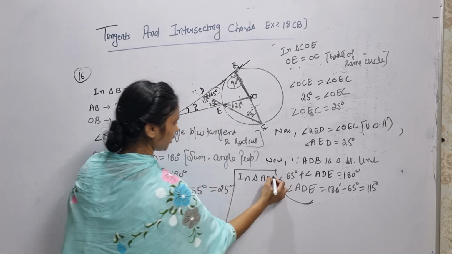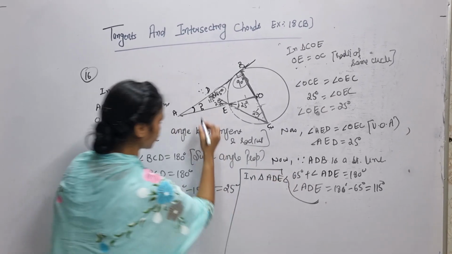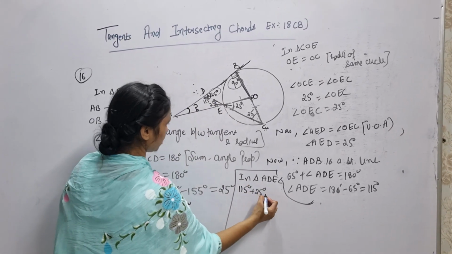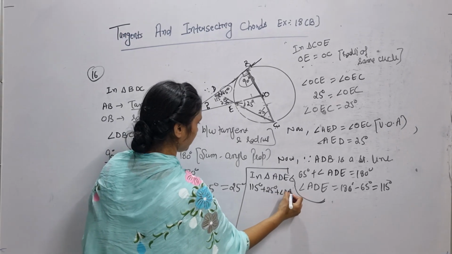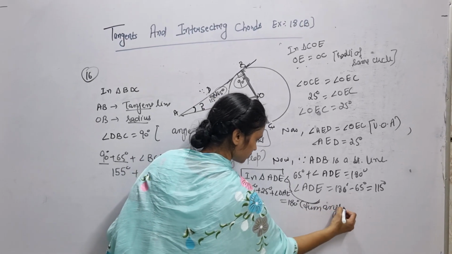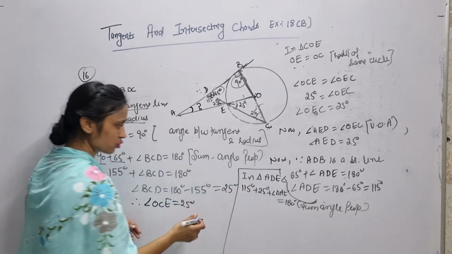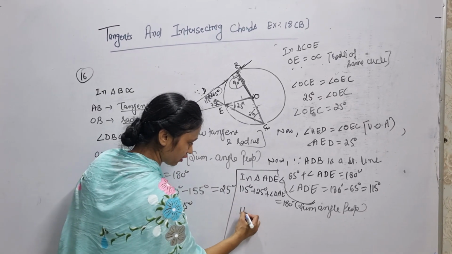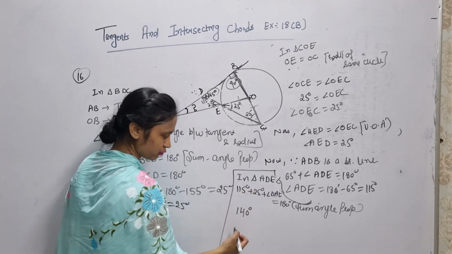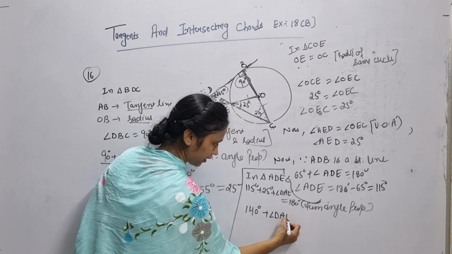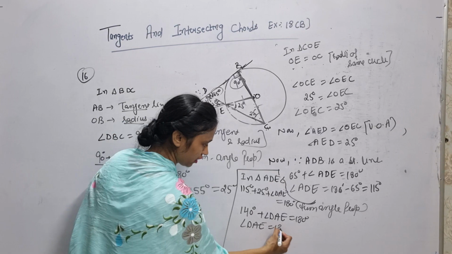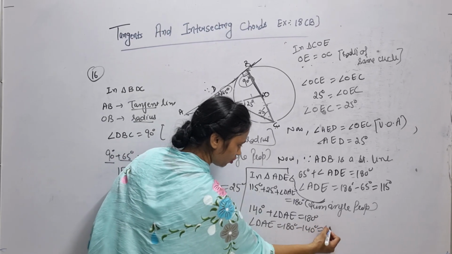Sum of angles of a triangle: 115 degrees plus 25 degrees plus angle DAE is equal to 180 degrees, by the angle sum property. So 115 plus 25 is 140 degrees, plus DAE is equal to 180 degrees, so DAE is equal to 180 degrees minus 140 degrees, which is 40 degrees.